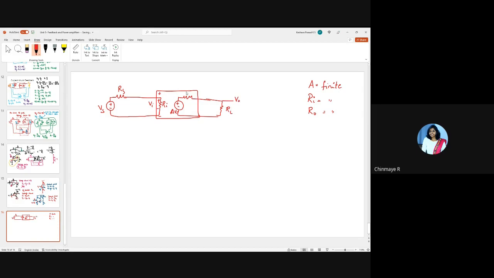Now this is clear, right? Since your op-amp is a single-ended output, this will be at ground. So now, can you tell me if V0 by Vs is equal to this A?